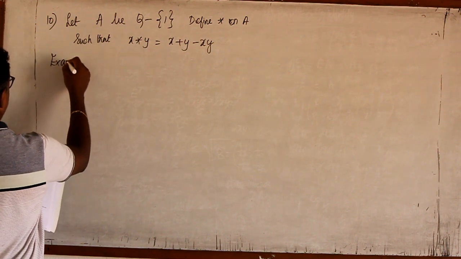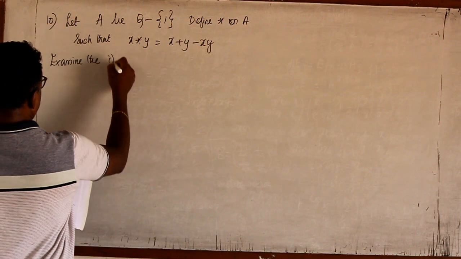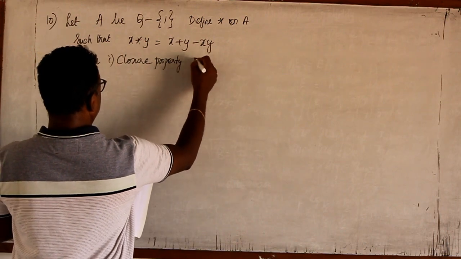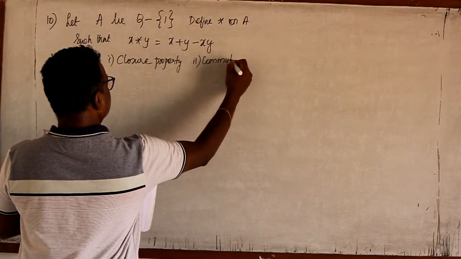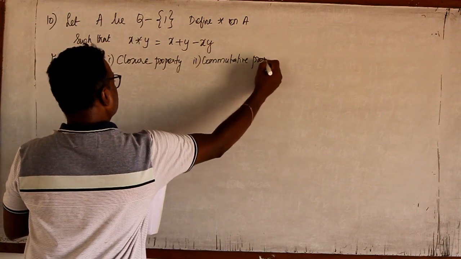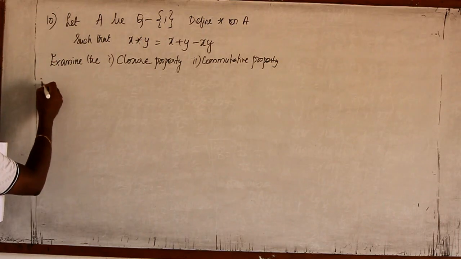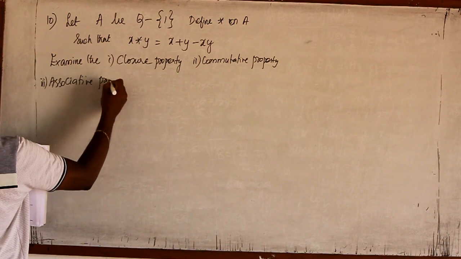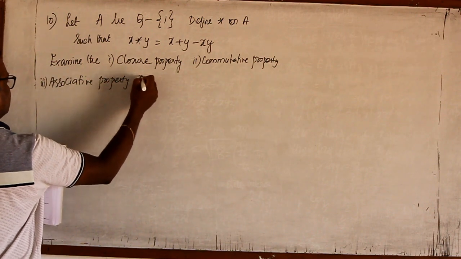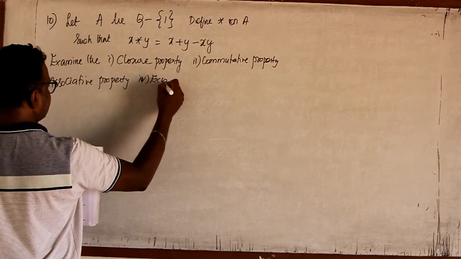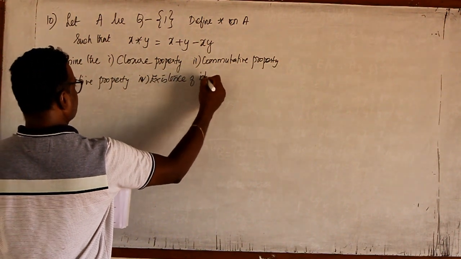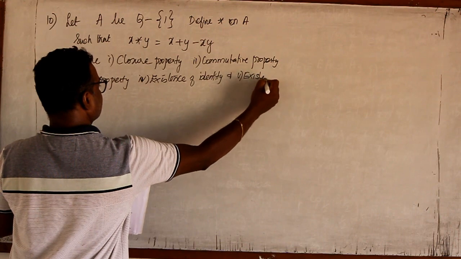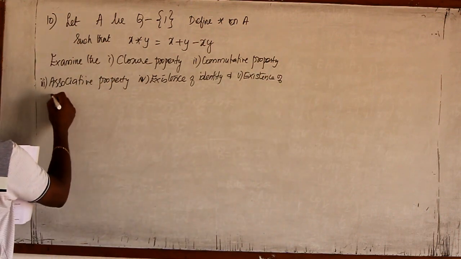Examine the closure property, commutative property, associative property, the fourth one, existence of identity, and the fifth one, existence of inverse.